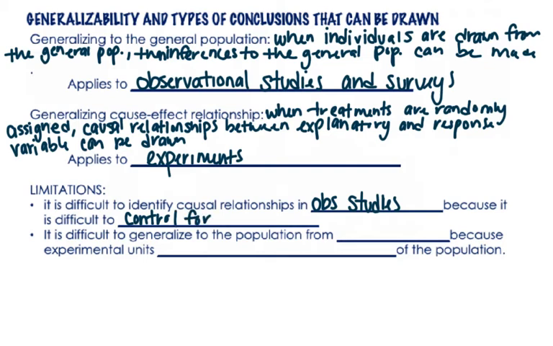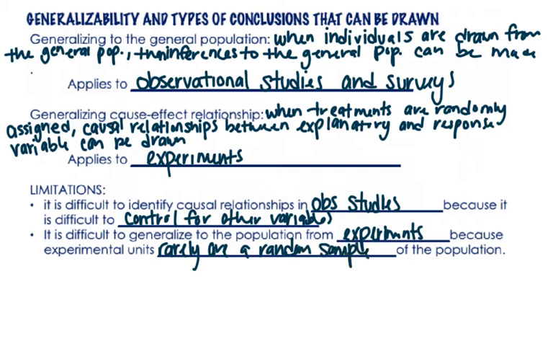It is difficult to generalize to the population from experiments because experimental units rarely are a random sample of the population. So those are the limitations to those.